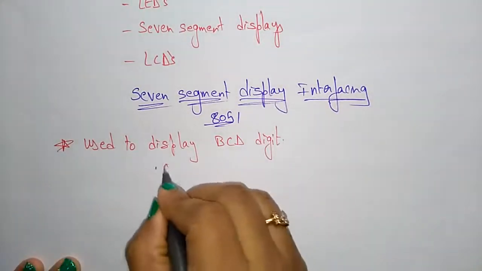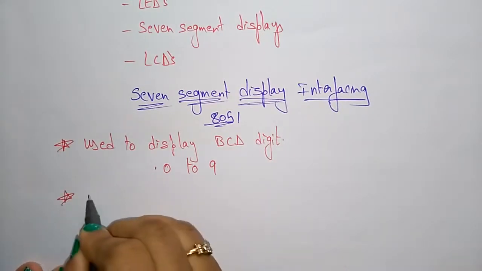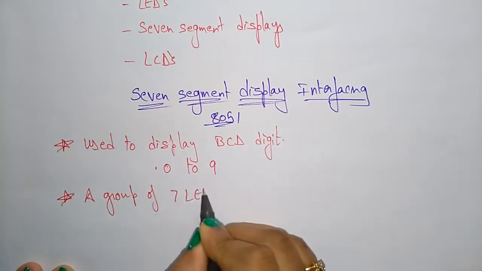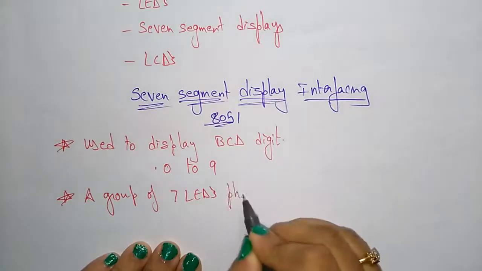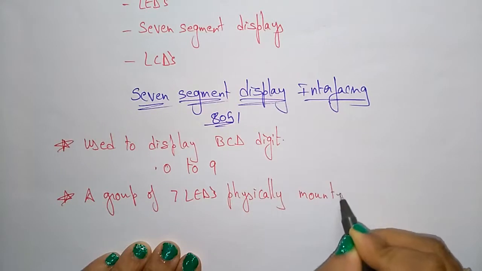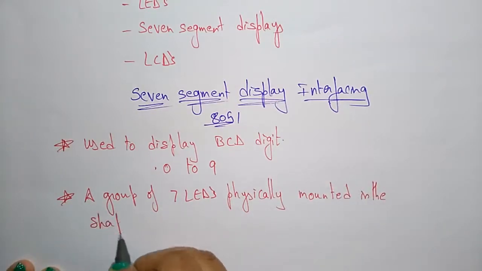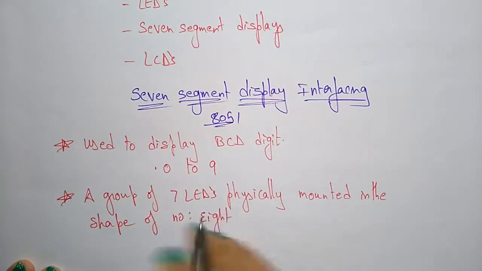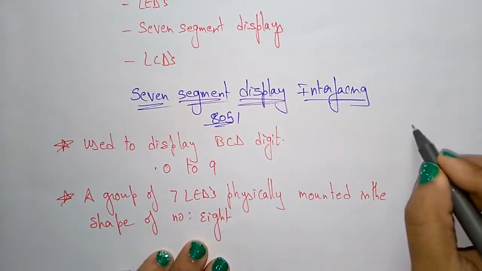That is from 0 to 9. Next, in a 7-segment display, a group of 7 LEDs is physically mounted in the shape of the number 8, that is like this.